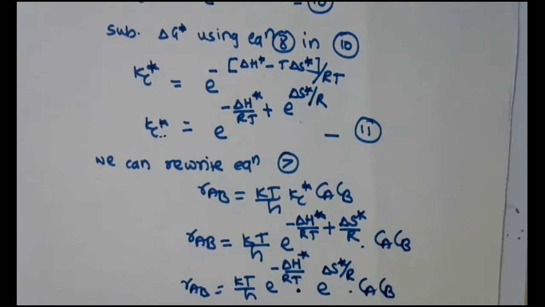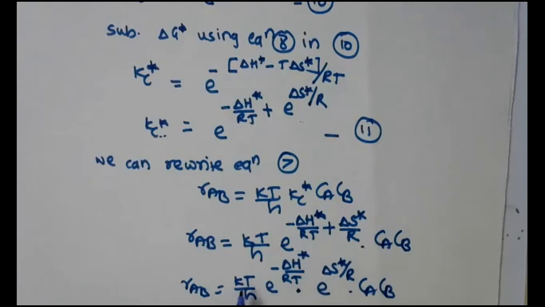Now in this particular expression, the term K, that is Boltzmann constant, and H are constant. This e raised to delta S star by R is not very much sensitive to the temperature, and therefore this is constant.